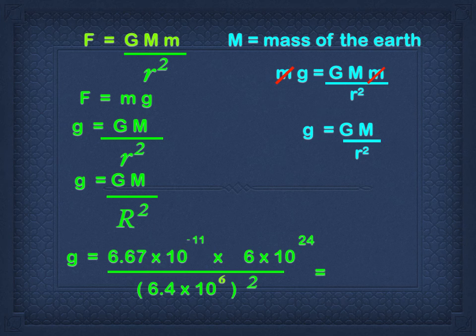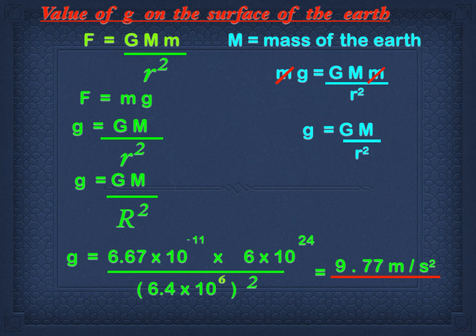After calculating, we get the value as 9.77 meter per second square. So that is the value of g on the surface of the earth, and this is how we calculate the value of g. Now remember that this is the value of g on the surface of the earth.